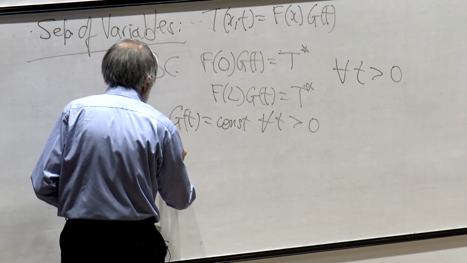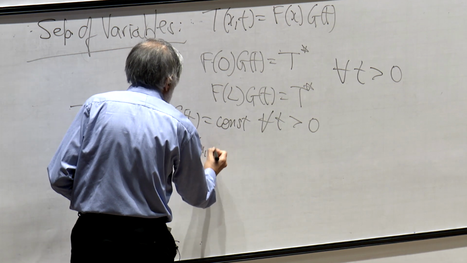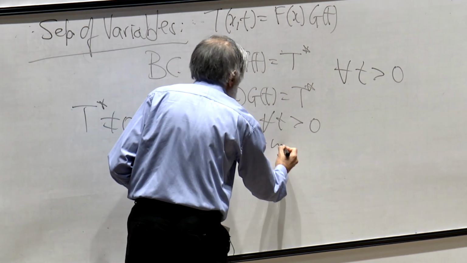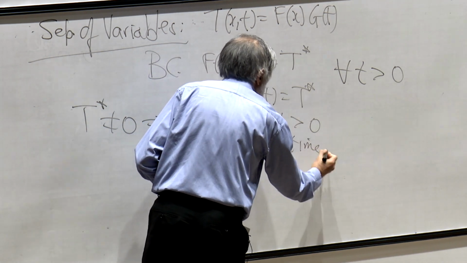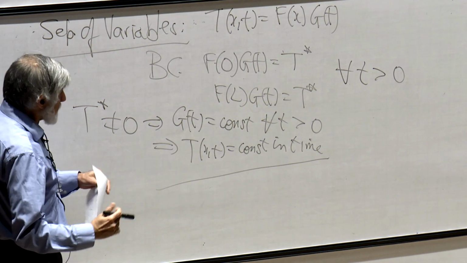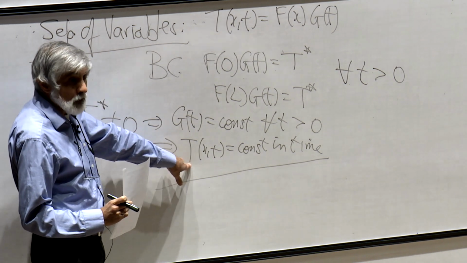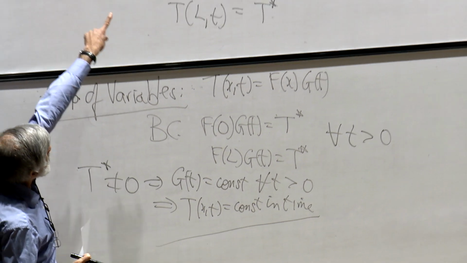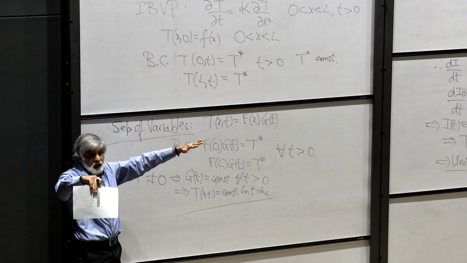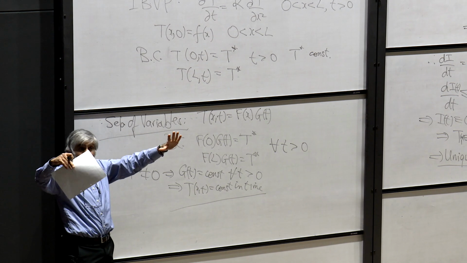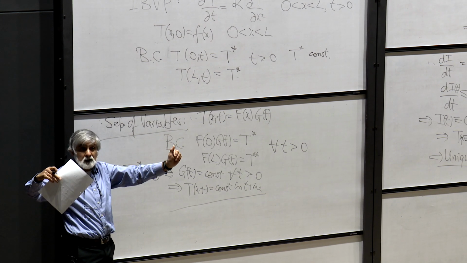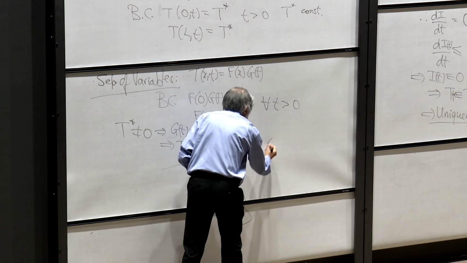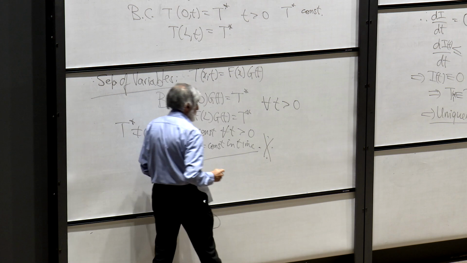And that would imply T of x,t is a constant in time. But that's wrong. It's not a constant in time. Because if you start off with a distribution of T, it's going to diffuse and it's going to change over time. So this is wrong. It's a contradiction.